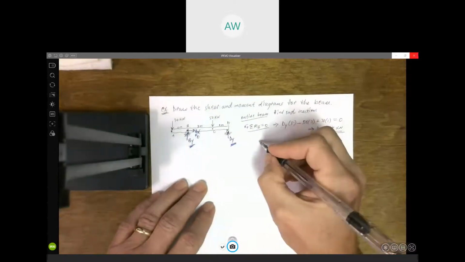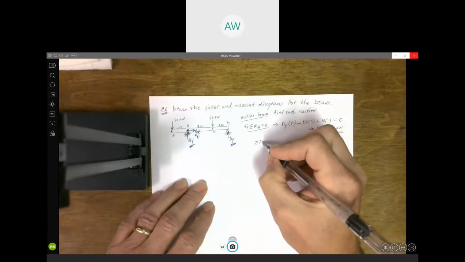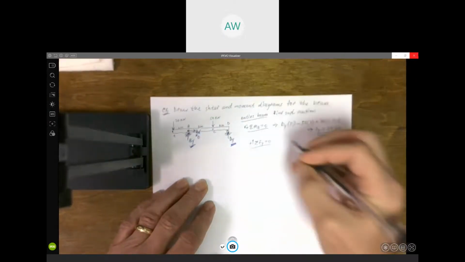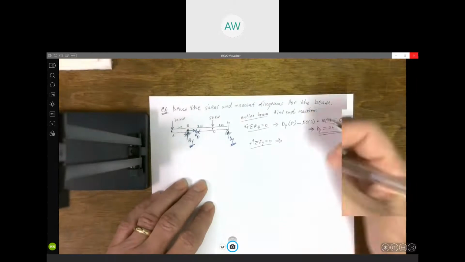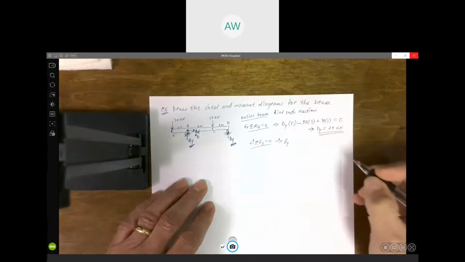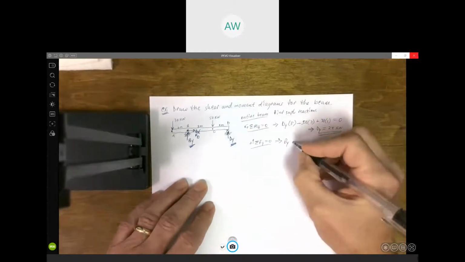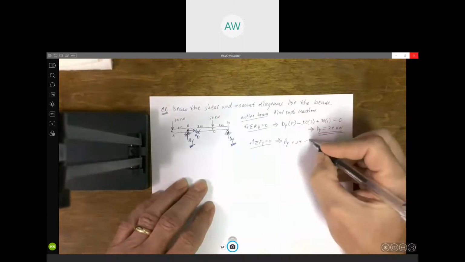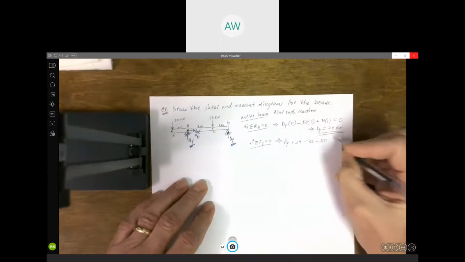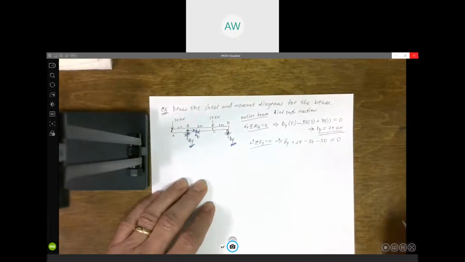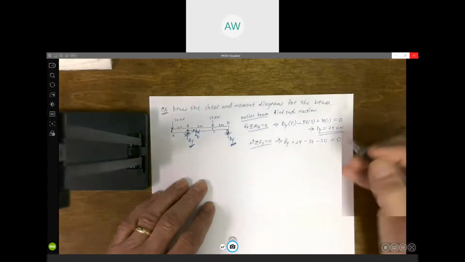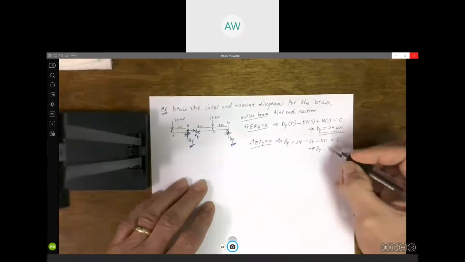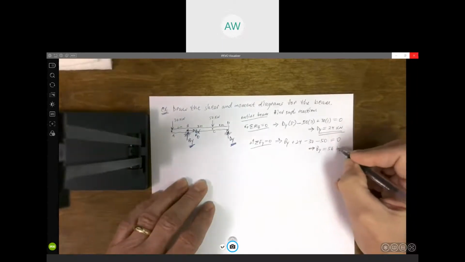So, simplest thing, just sum the forces in the y direction and set that equal to 0. By, I assume, is going up. Dy goes up. And then we've got the 30 and the 50 going down. I think that's it. Those have to add up to 0. I got By was 56 kilonewtons.